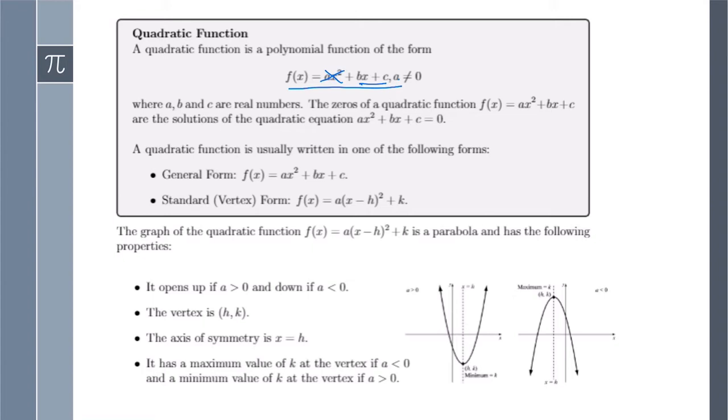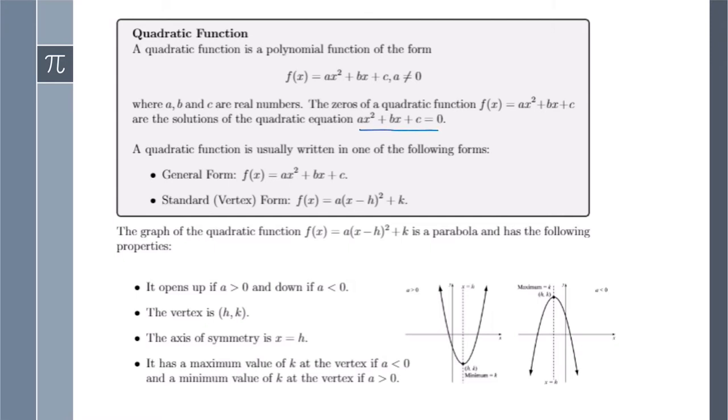So it's okay to have b be 0, and c be 0, but we still have to have a as a non-zero number, because for a quadratic function we should have a degree 2 polynomial. Again, all those coefficients are real. And if we are finding the zeros of the function, or the real x-intercepts, that is given by solving this quadratic equation here.